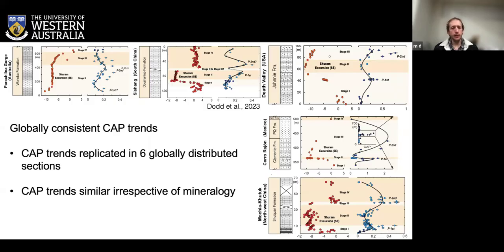What's really interesting is that from all of these different sections, we see a consistent pattern in the CAP proxy data, with a peak at the start of the excursion, a subsequent minimum during the excursion, and then a second peak towards the end of the excursion. These trends seem to hold true regardless of whether calcite or dolomite is preserving them.